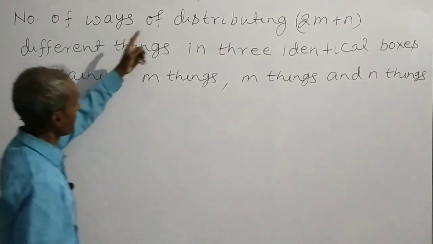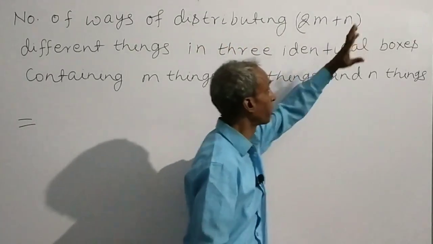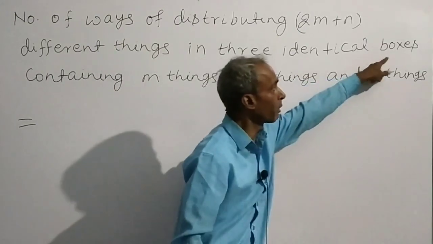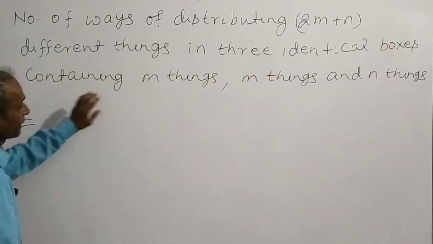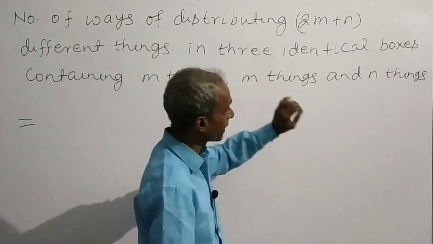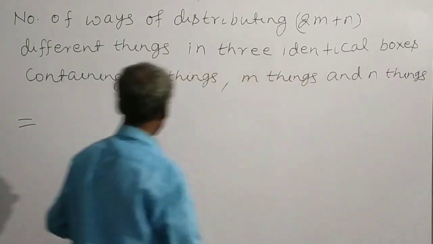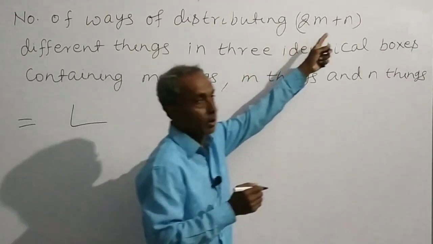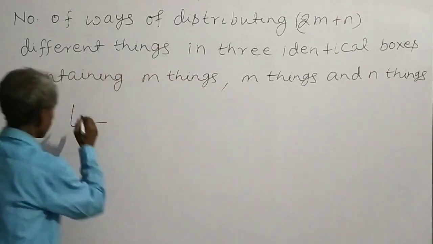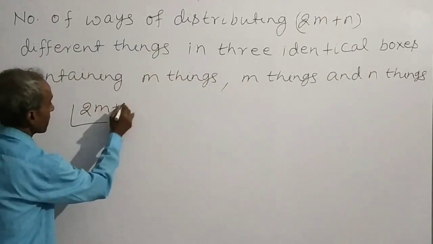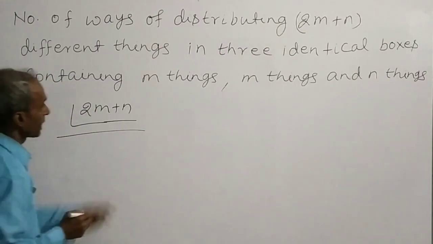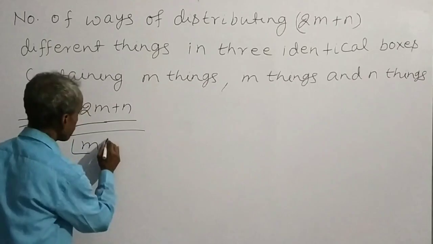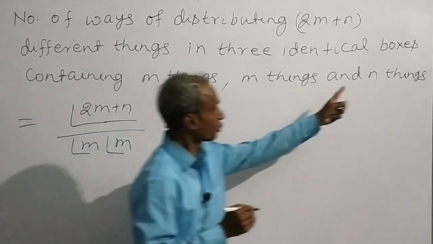Number of ways of distributing 2m plus n different things in 3 identical boxes containing m things, m things and n things will be equal to factorial of 2m plus n, divided by factorial m, factorial m, factorial n.